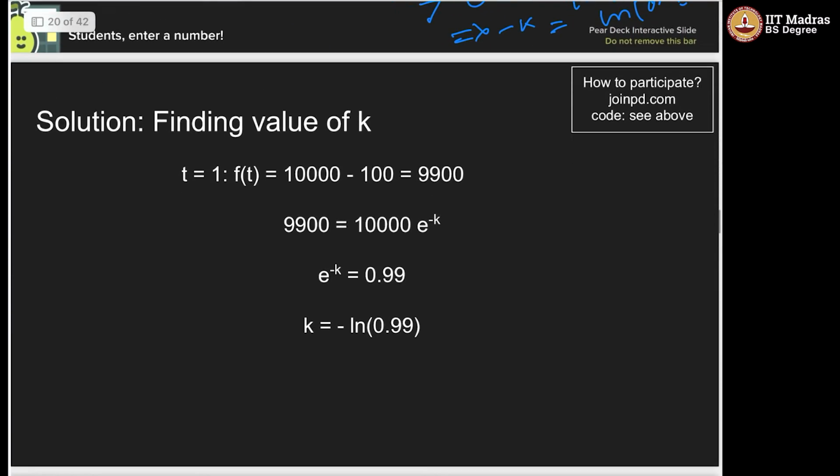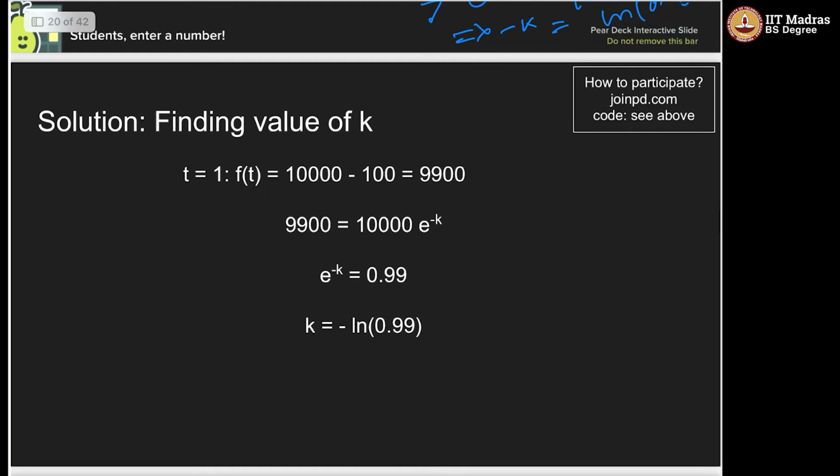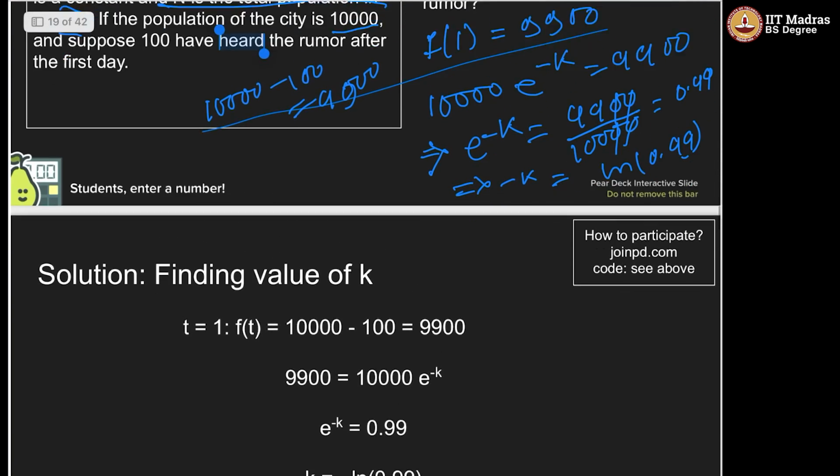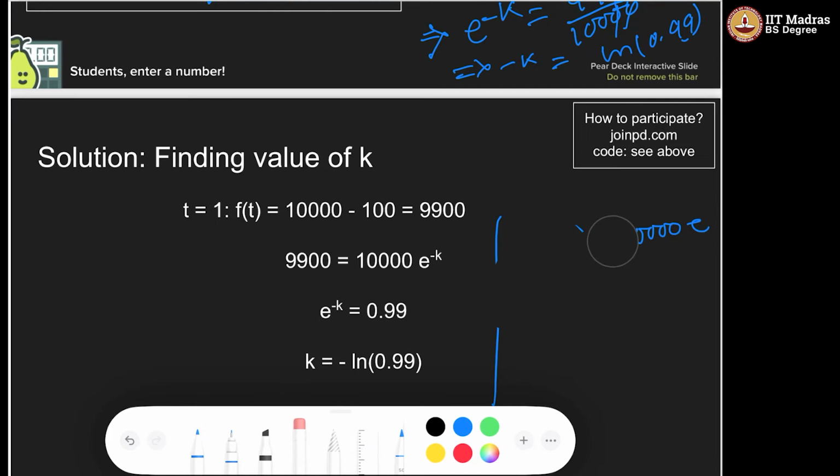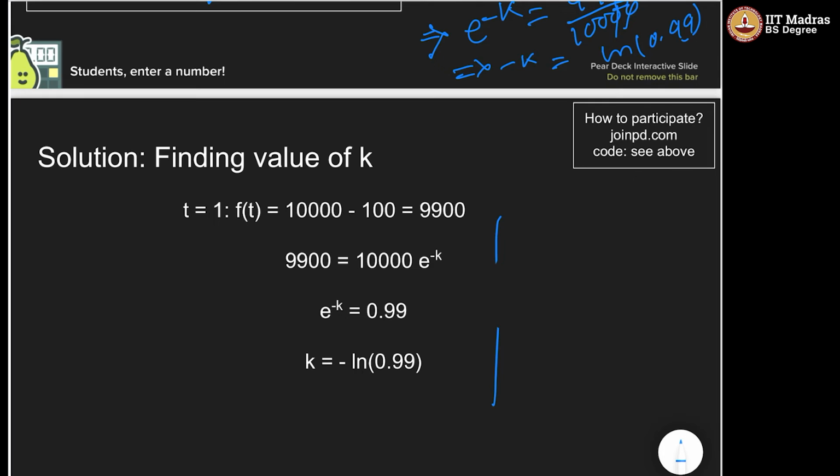This is the printed version, you can check. So now our f(t) is basically equal to 10,000 times e^(-kt), sorry, there is no sufficient space, let me write here.